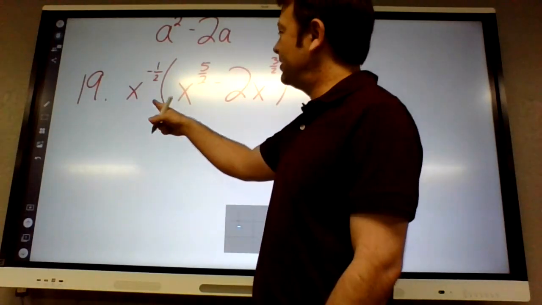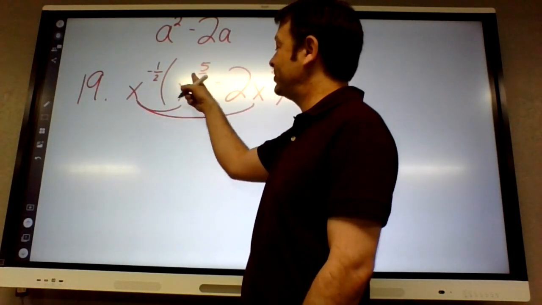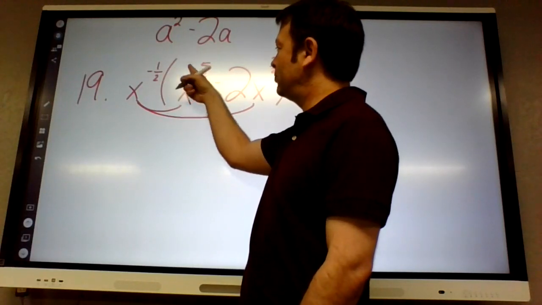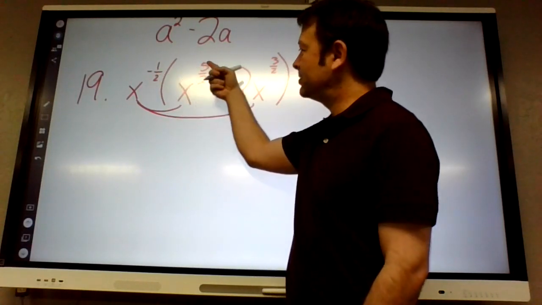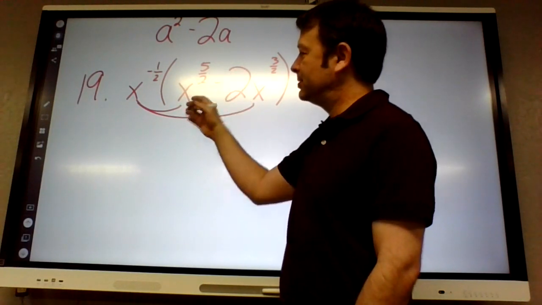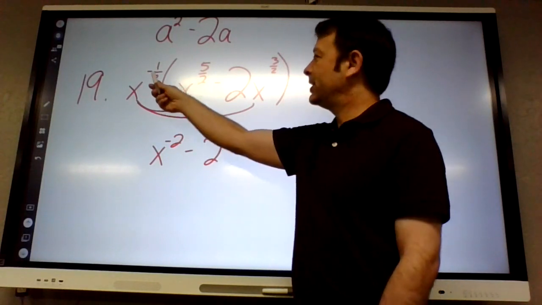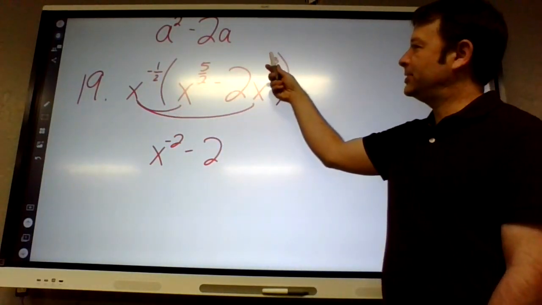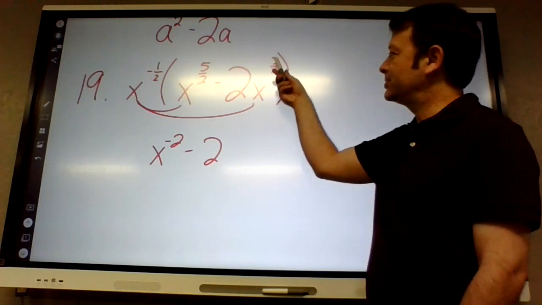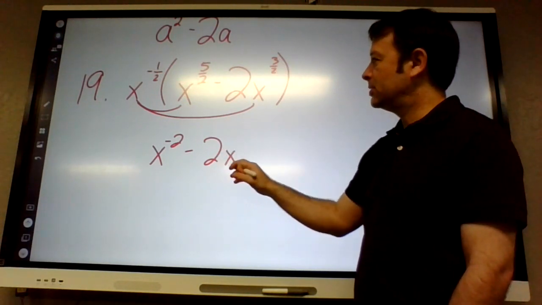Okay, so again, same thing. Multiplying, so we're going to add the exponents. x times x: -1 plus 5 is 4/2, which is 2. Then -1/2 plus 3/2: -1 plus 3 is 2, and 2/2 is 1.